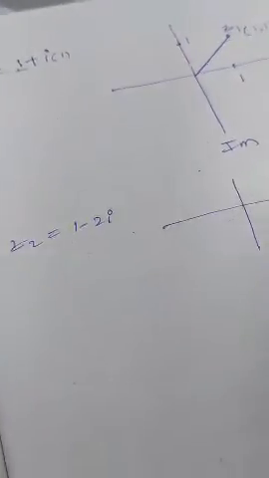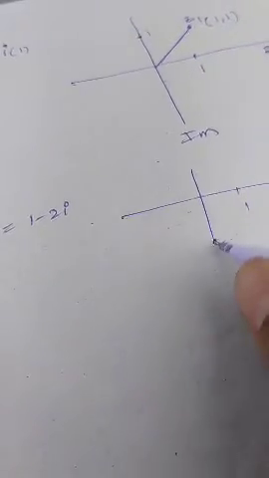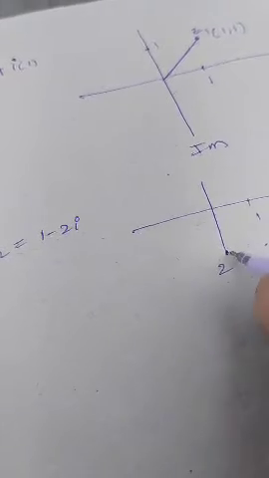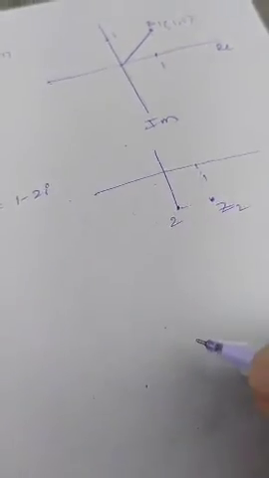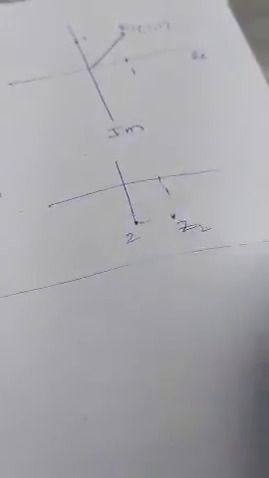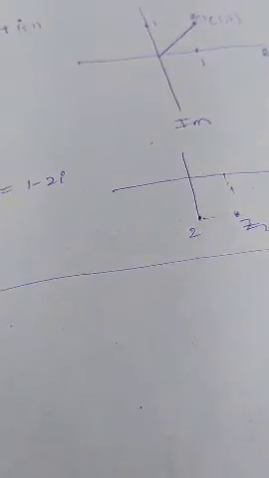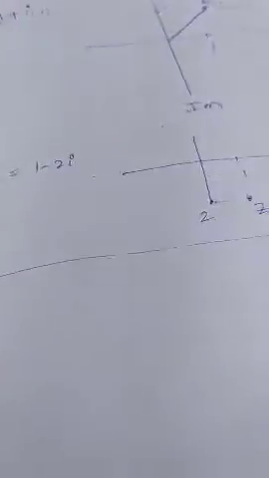So OZ1 is a vector. Suppose I take Z2 equal to 1 minus 2i. Then take 1 on the real axis and minus 2 on the imaginary axis. Then this will give the Z2 point. In a similar way, we can represent every complex number in the Argand plane as a point or as a vector.